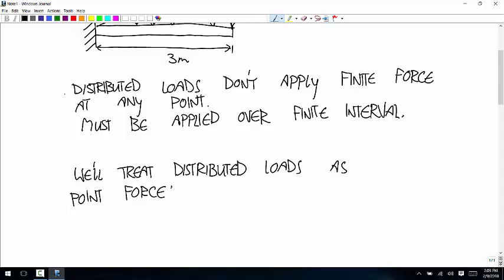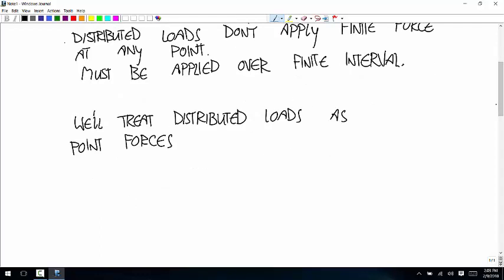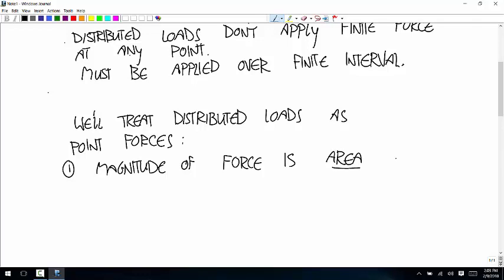And to do that, the total point force, the magnitude of the point force, is the area of the distributed load shape.